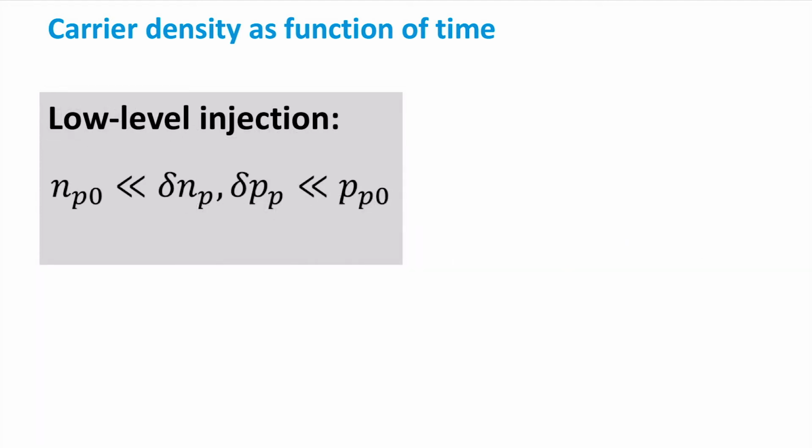This means that the excess carrier density is much larger than the thermal equilibrium minority carrier density, in this case electrons, but much smaller than the thermal equilibrium majority concentration, in this example holes in the p-type semiconductor. We thus may approximate the total hole density by the thermal equilibrium hole density, and the differential equation then becomes as shown in this slide.